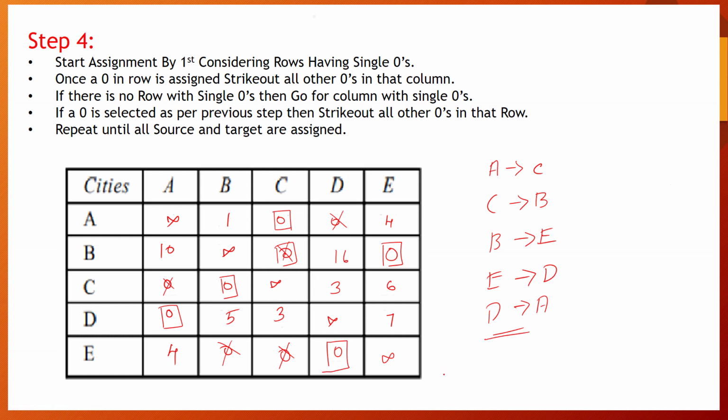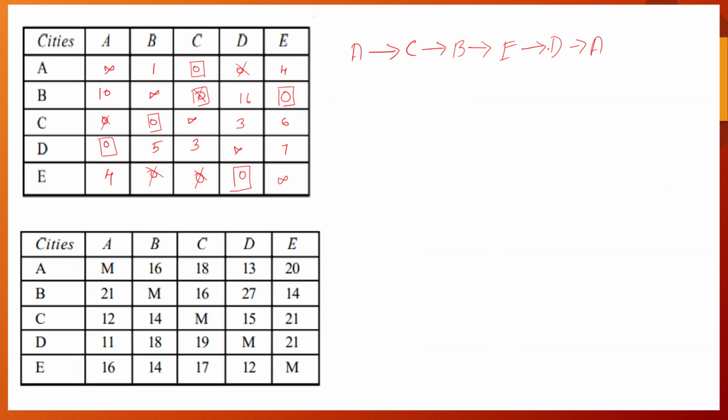A to C, C to B, B to E, E to D, D to A. So here I have the assignment table, which has the path A to C, C to B, B to E, E to D and D to A.